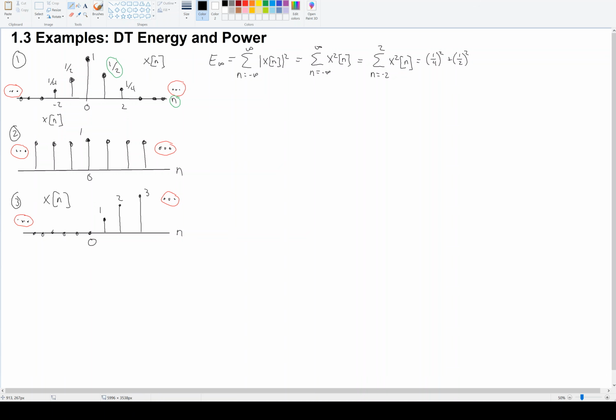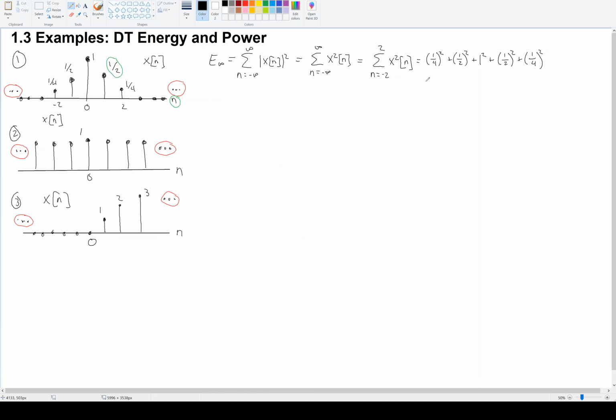And when n is 0, I'm at 1, and I need to square it. And then I have a 1/2 that I square, and a 1/4 that I square. Okay, and that was the n equals 2 term, and so those are the only 5 terms here that can contribute energy, right? Non-zero energy.